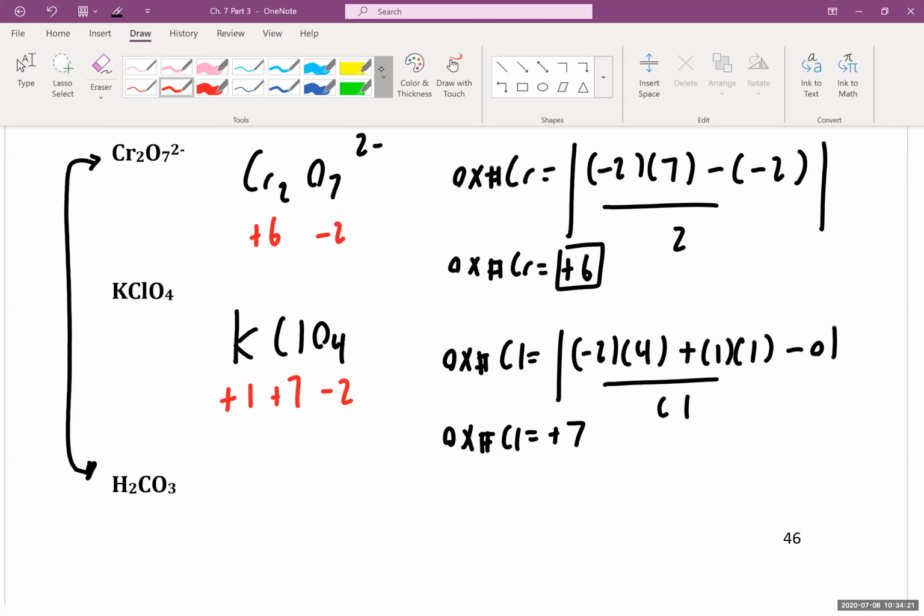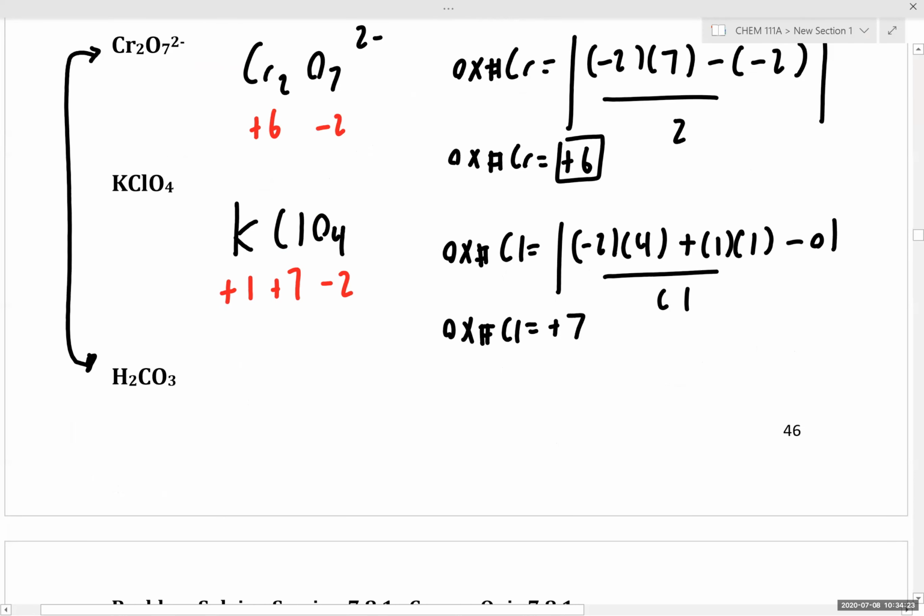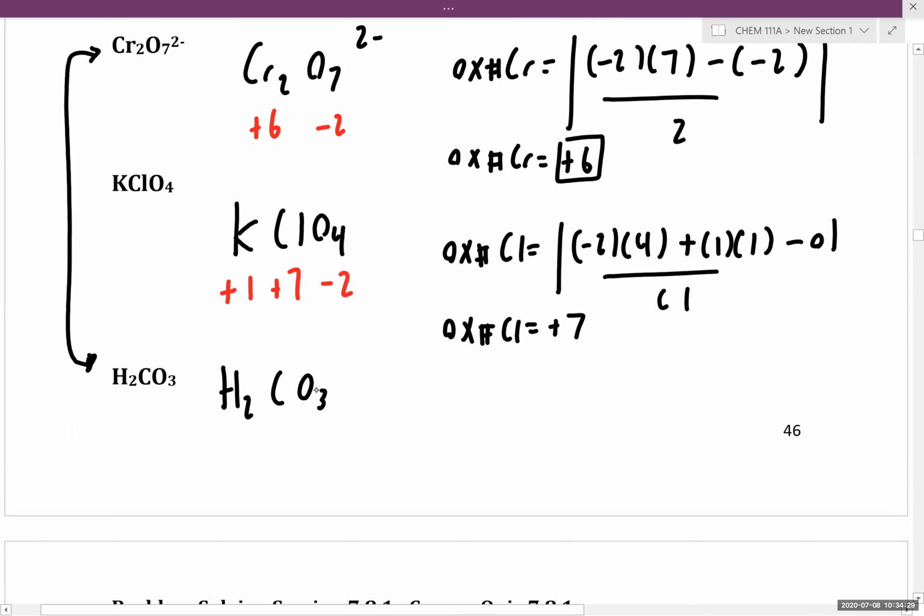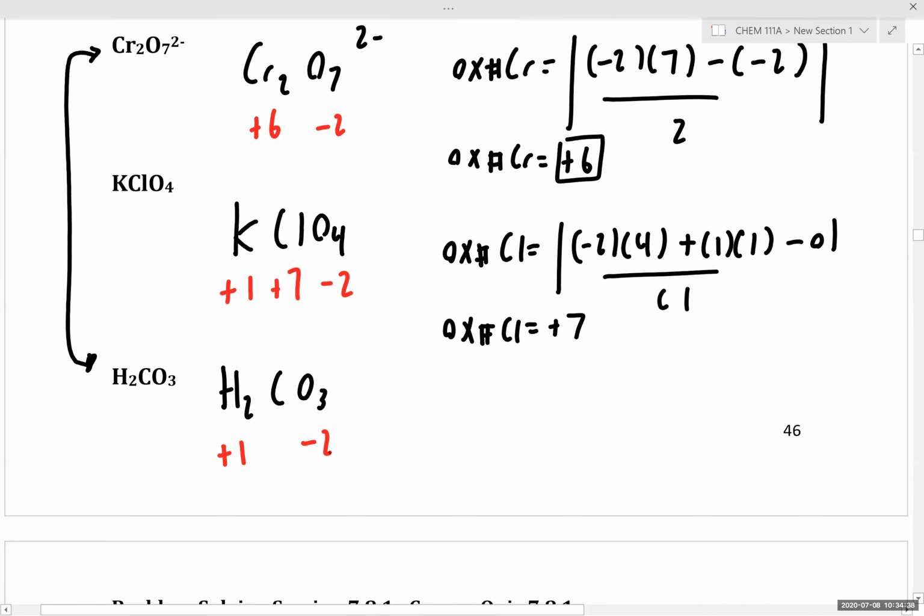So let's look at the last problem now. So in carbonic acid, H2CO3, we know that the oxidation number of hydrogen is +1. Oxygen is -2.